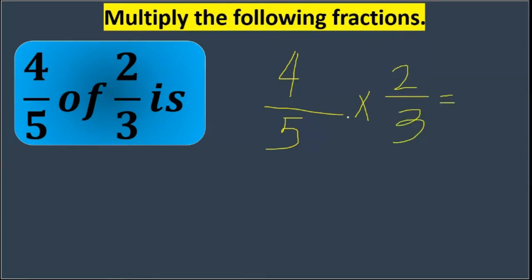Okay, just multiply. 4 times 2 is 8. 5 times 3 is 15. So the answer is 8 over 15. Okay. Any questions so far?